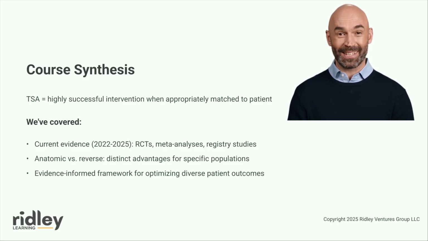Throughout this course, we've synthesized the most current evidence from 2022 through 2025, integrating high-quality randomized controlled trials, systematic reviews and meta-analyses, large-scale registry studies, and consensus guidelines from leading professional organizations to provide you with a comprehensive, evidence-informed framework for optimizing outcomes across the diverse spectrum of patients undergoing shoulder arthroplasty.